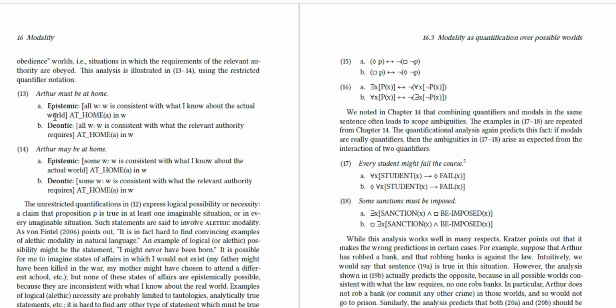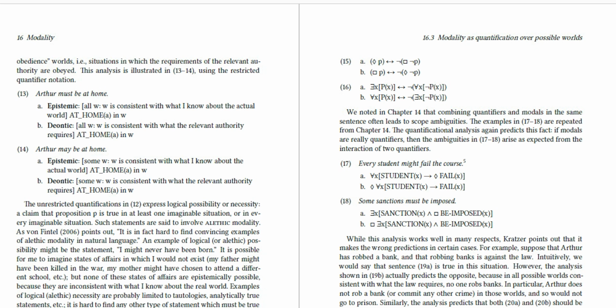Which is, as we mentioned, epistemic and deontic, and we here need to understand that epistemic is what I know about the actual world, and deontic is what the relevant authority requires. That's how you need to give the feedback to any sentence, based on the knowledge or based on the behavior.